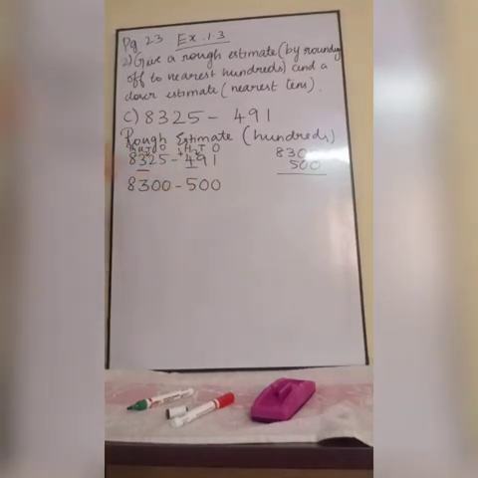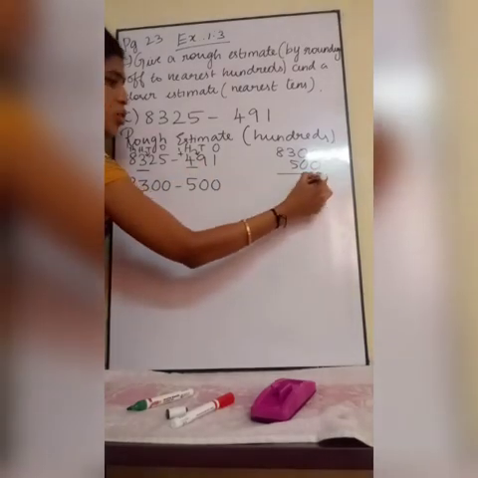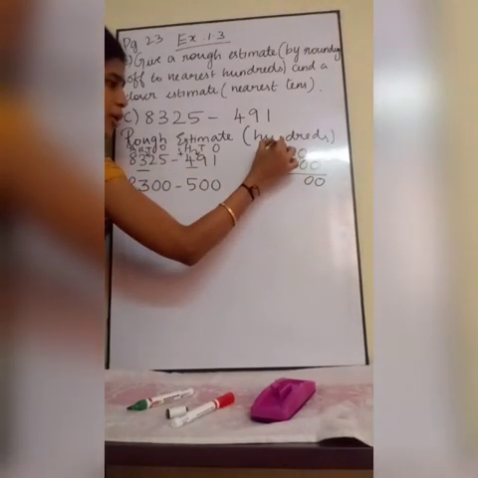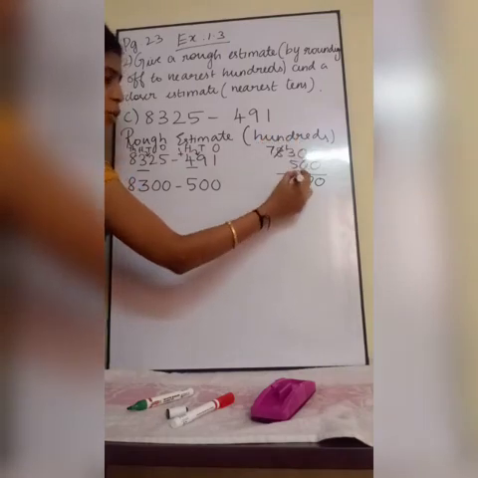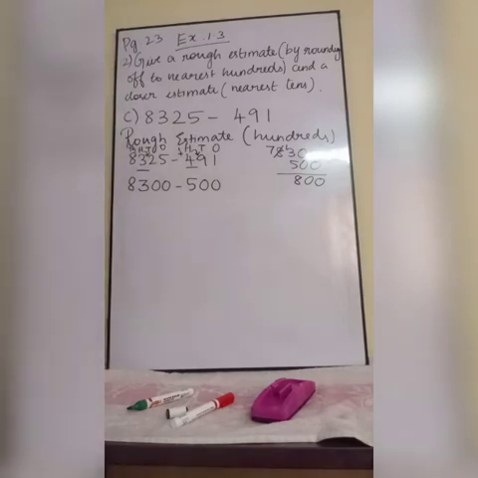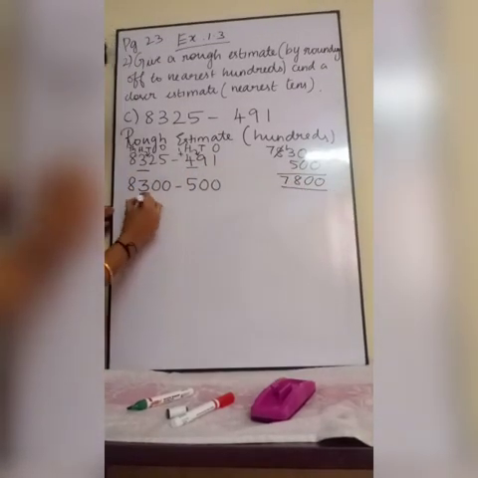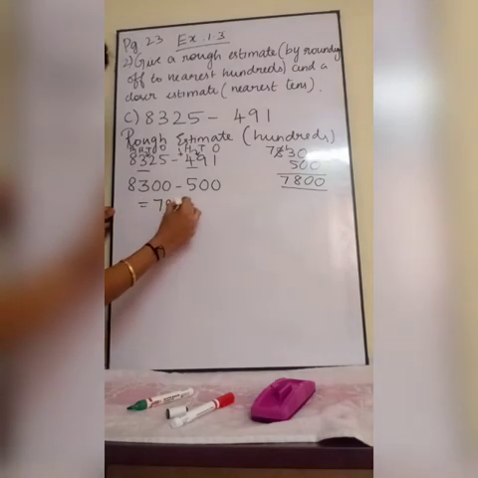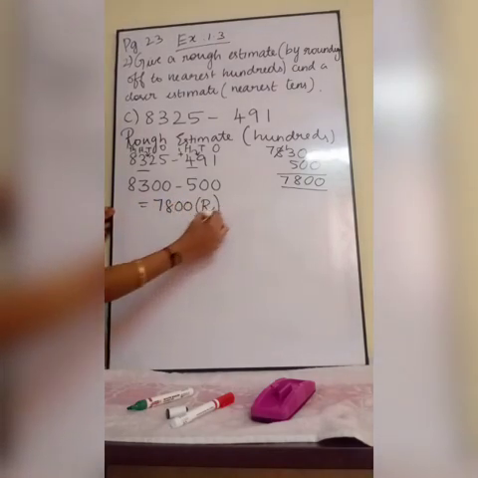After rounding off only you should subtract it. 0, 0. Now I am going to borrow it. 7, 1. Now I will get 8. So my answer is 7,800, my rough estimate.